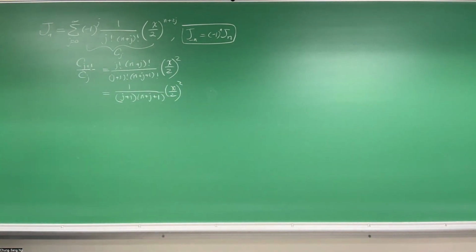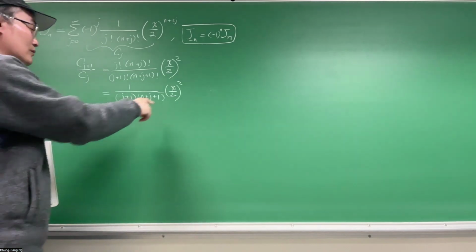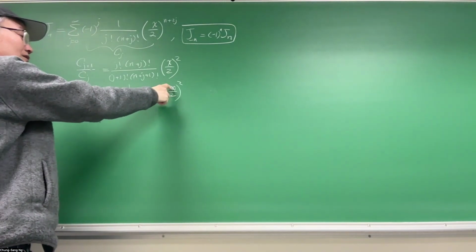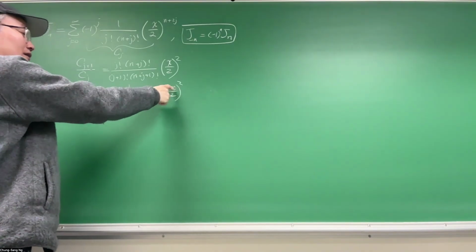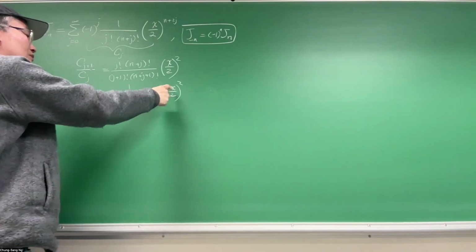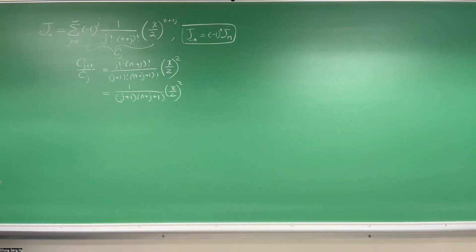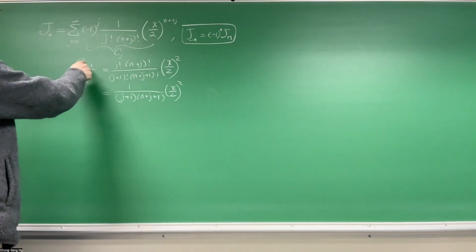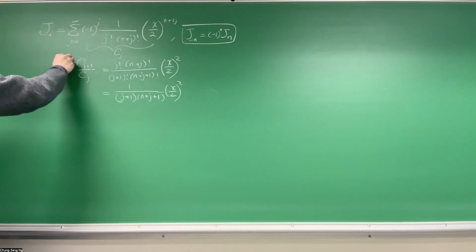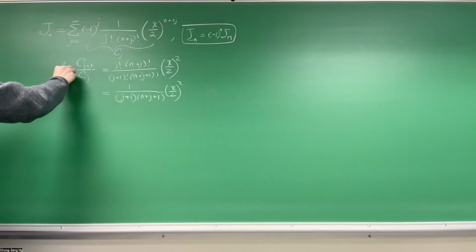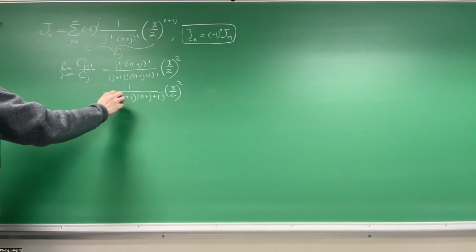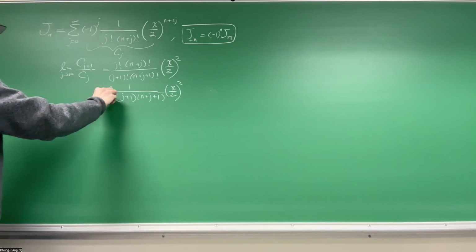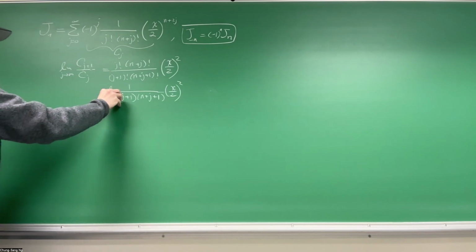Okay, and for this series, it looks like it's always converging for whatever value of x. But x can be large. You can let x tend to infinity. But when you take the ratio test, you want the limit as j goes to infinity.